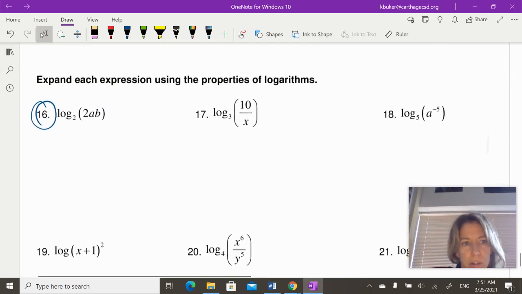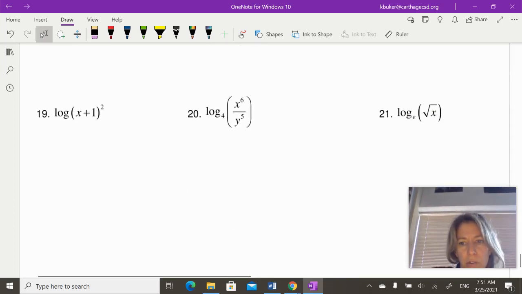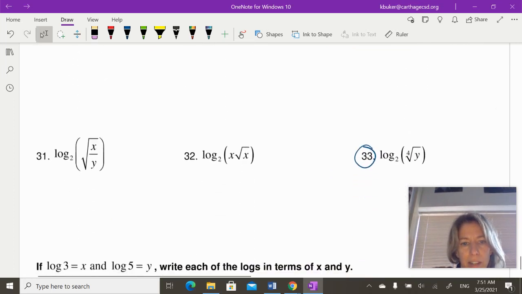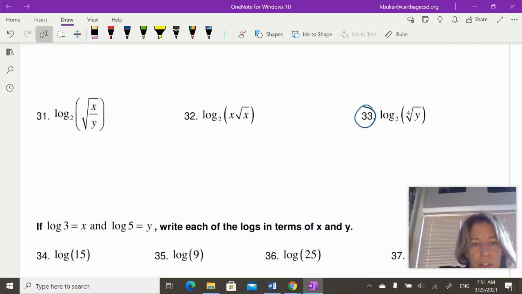All right, so everything looks pretty straightforward. Expand these logs. I'm going to do number 32 with you. So log base 2 of x times the square root of x. Remember I said you could rewrite any radical as a power of 1/2.